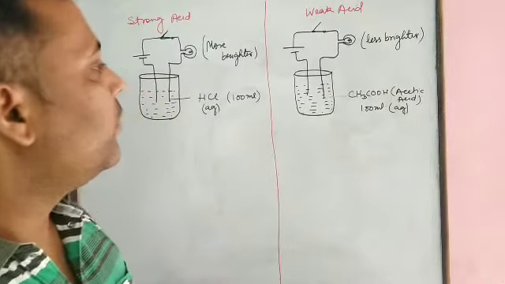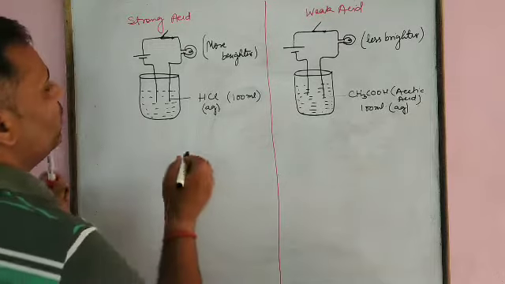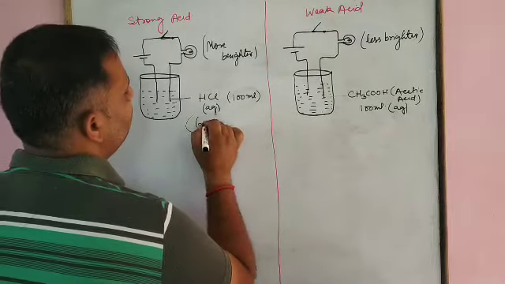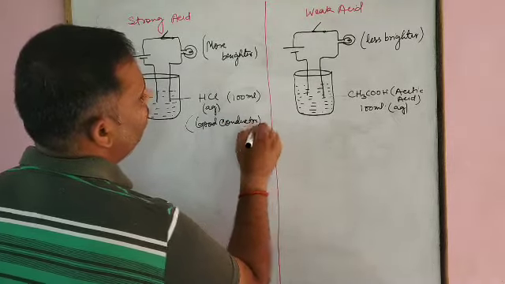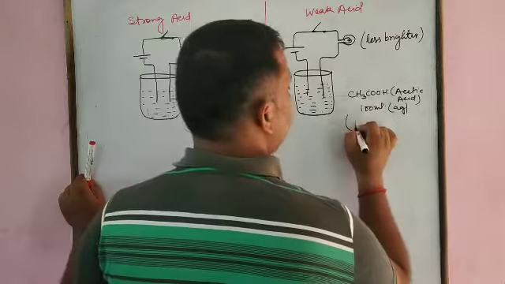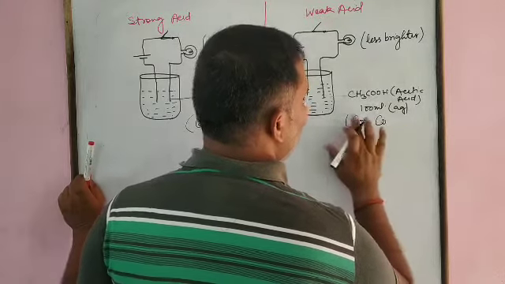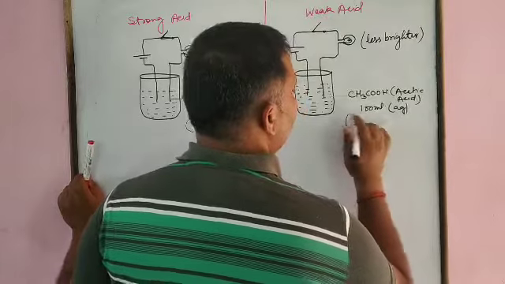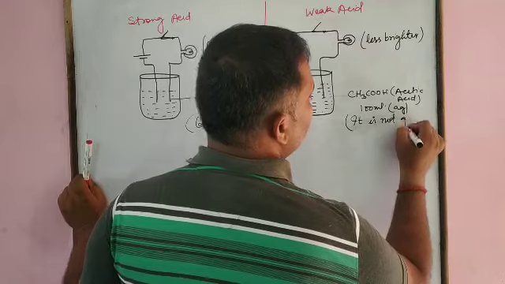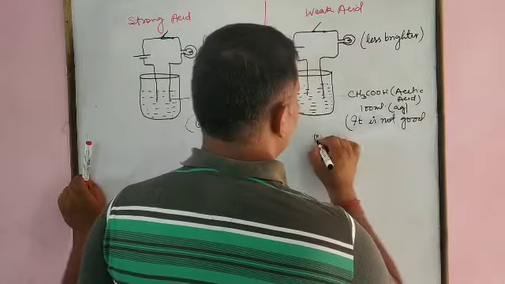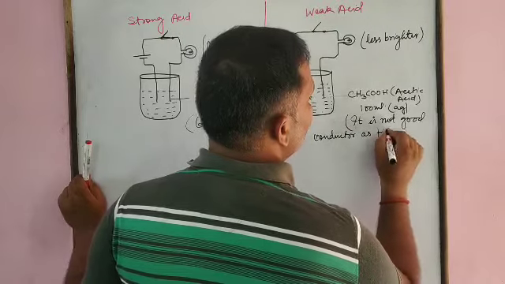This happens only because this solution is a good conductor. But this solution is a poor conductor. It means it is not as good a conductor as HCl.